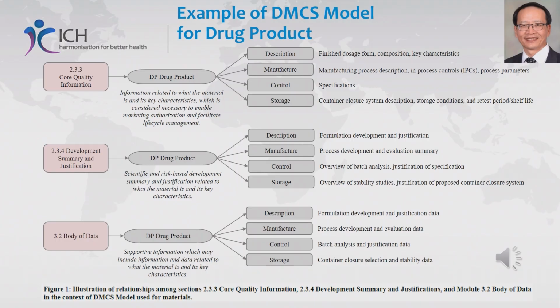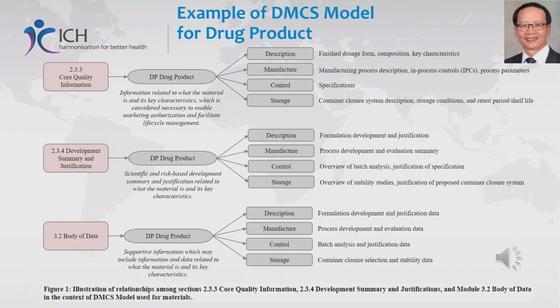So this section in Module 3 includes important detailed supporting information like raw data, which includes the experimental data for formulation and product development, full batch analysis data, stability study data, and so on and so forth. Essentially, it provides the evidence underpinning the summary and justification in DSJ and the high-level information captured in CQI.